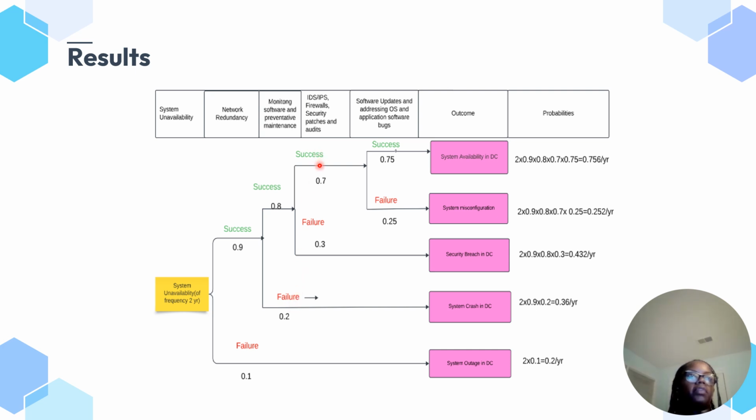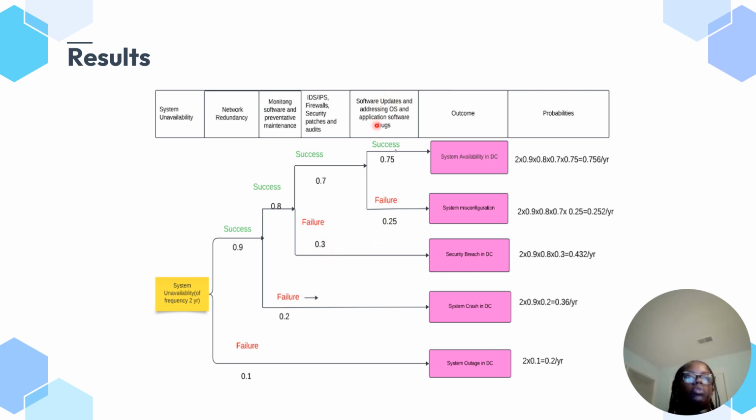Then we have the IPS and intrusion detection systems, firewall security patches, and doing updates and audits. Once that was done, we had a success of 0.7, while we had a failure of 0.3.